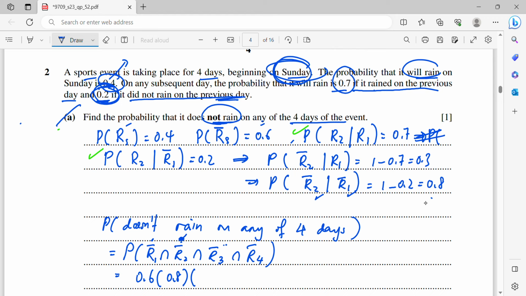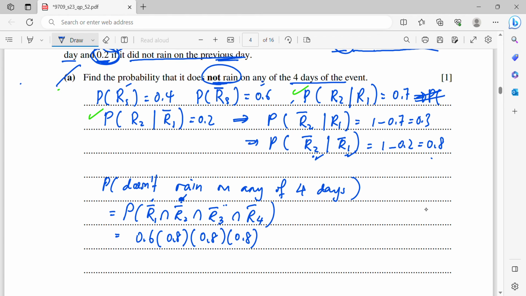If it is not rain on previous day, the next day will be 0.8 as well. So all of this will be 0.8. Alright, so from here I will be getting 192 over 625. I will leave my answer in fraction. You may leave your answer in decimal, but it will be up to 4 decimal places.